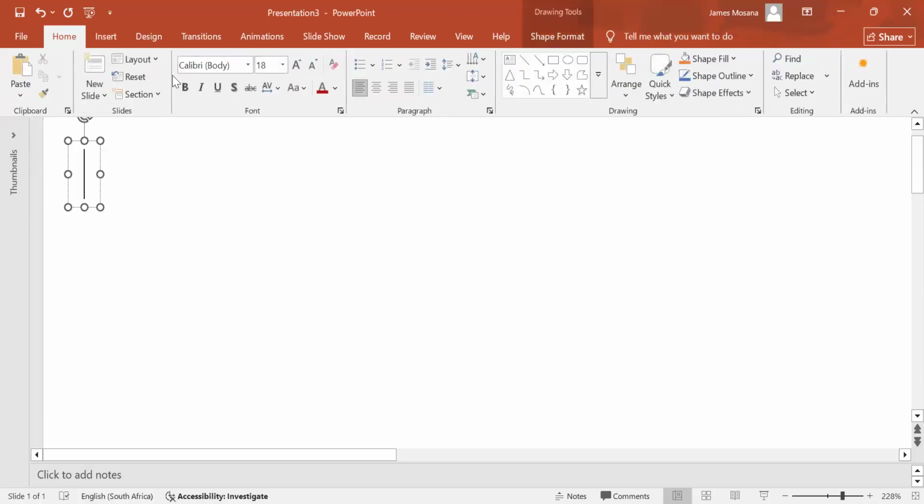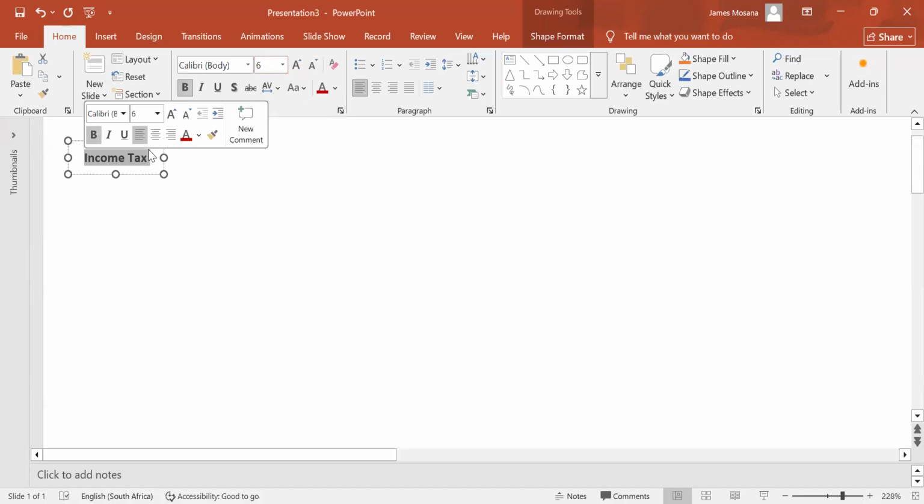So, income taxes, or income tax. Basically, we are looking at IAS 12.